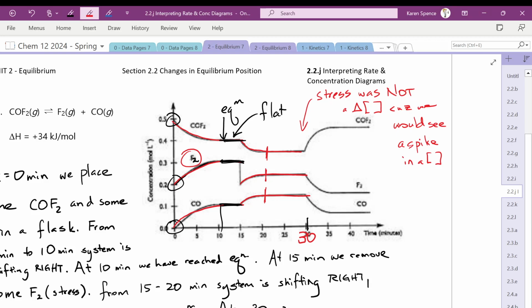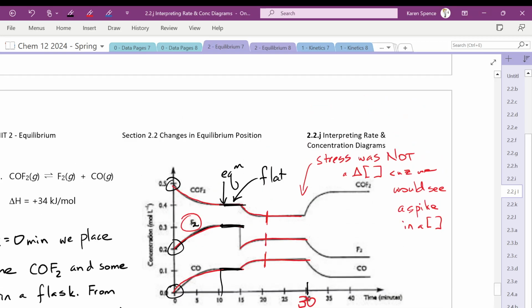How do you change pressure? You change the volume. So either you make the volume bigger or you make the volume smaller. What does concentration do if you make volume bigger or smaller? Does it change or does it not change? What is concentration?